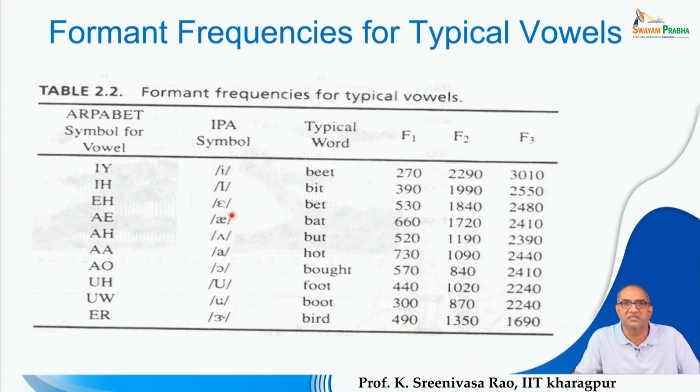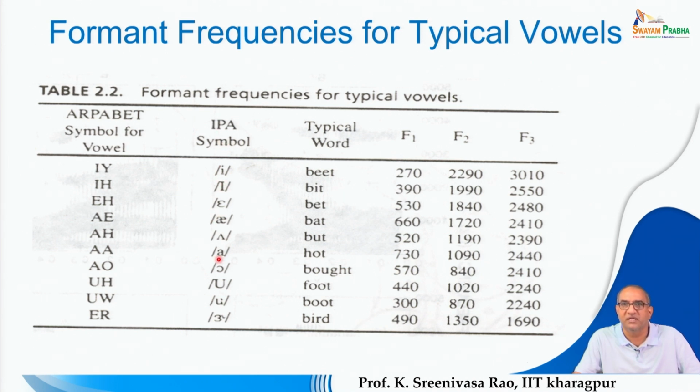That means a particular symbol indicates a specific sound, and that sound will be present in English as well as French or Spanish or Indian languages. So any distinct sound unit is labeled using this IPA symbol.